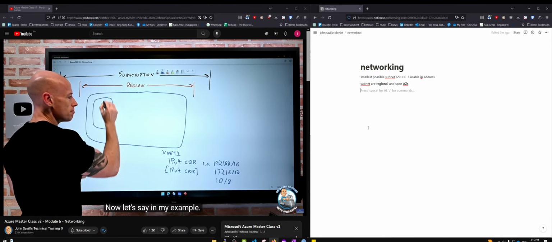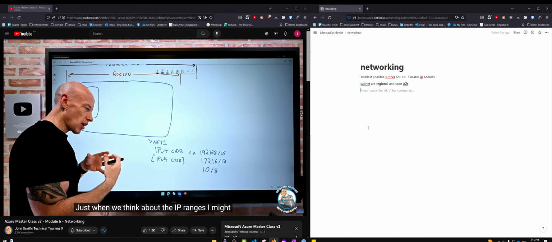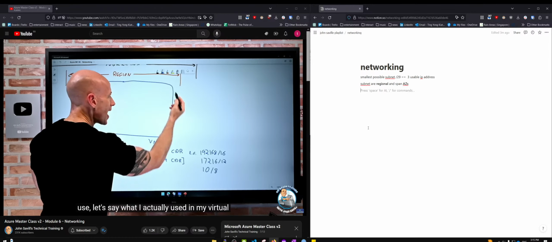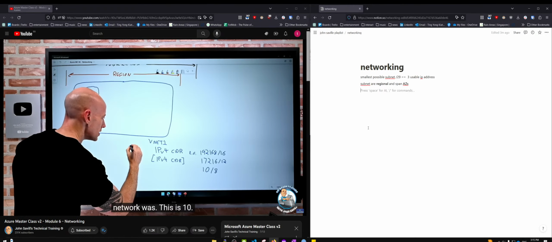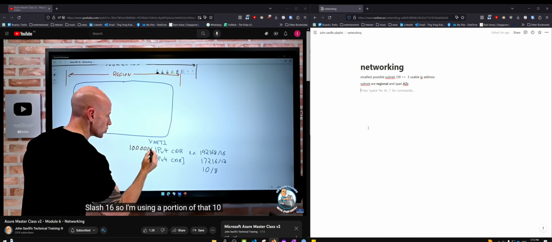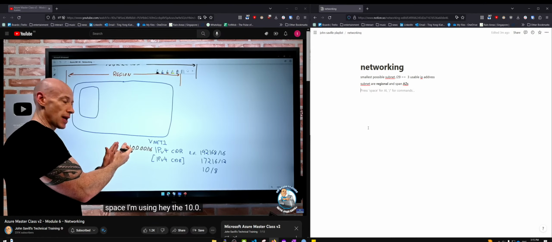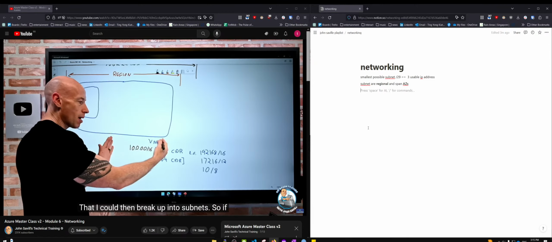Let's say in my example, just so we think about the IP ranges I might use, what I actually used in my virtual network was 10.0/16. So I'm using a portion of that 10 space, the 10.0, that I could then break up into subnets.